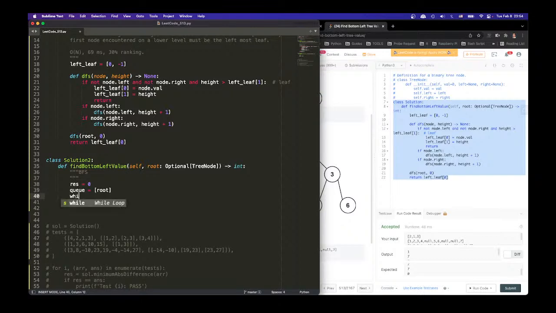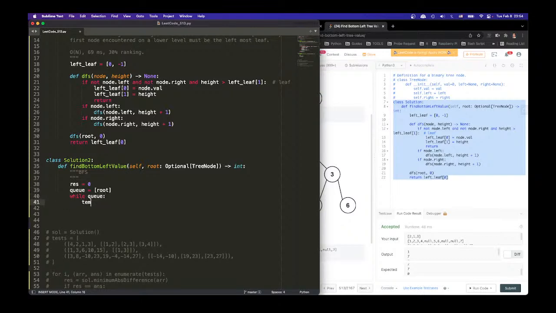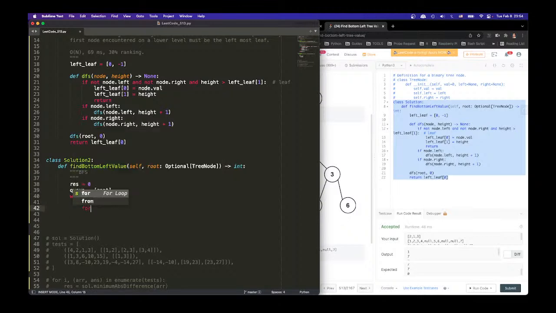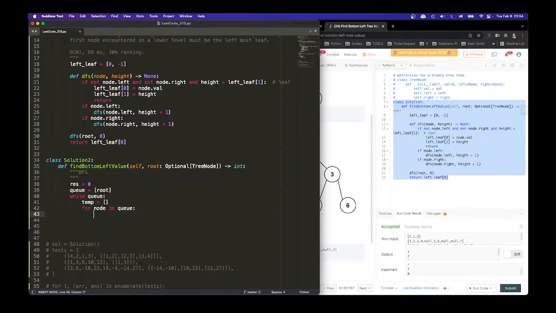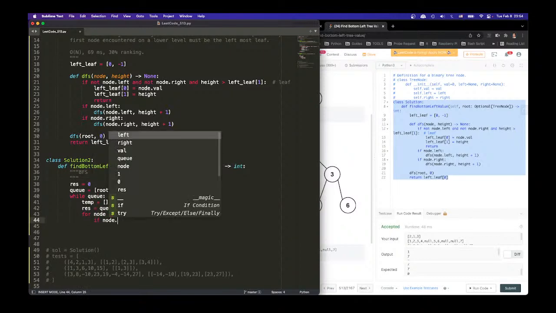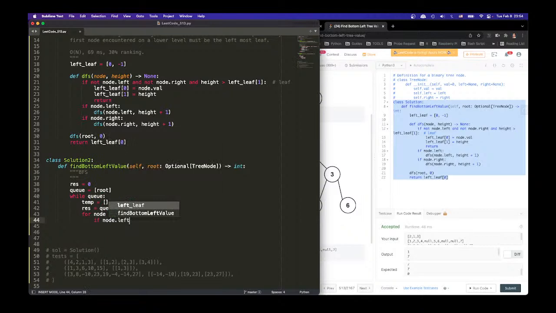Then we say temp equals this, for node in Q. Then res equals Q[0].val. And if node.left, yeah, we'll go left first, right?